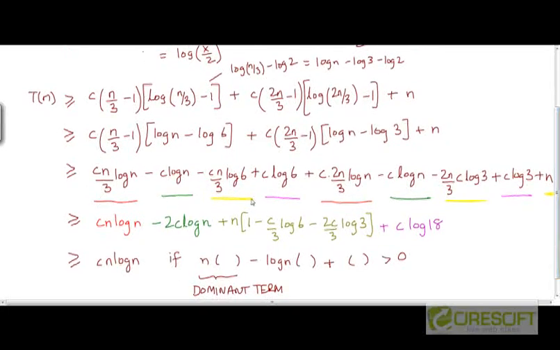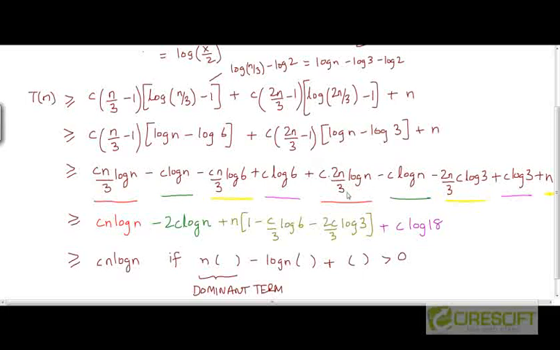Now we can group these terms based on what the powers of n are, or what the growth rate of each term with respect to n is. These 2 terms which I have underlined in red here are of the form some constant times n log n. So let's group together these 2 n log n terms and add together their constant coefficients.